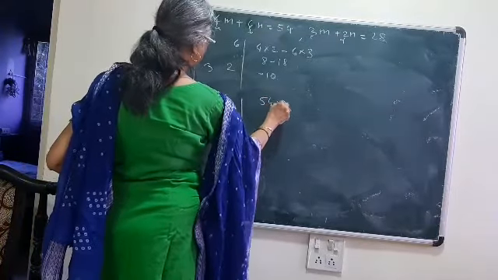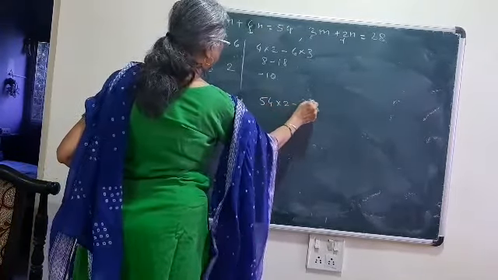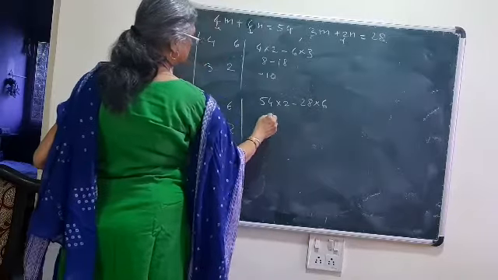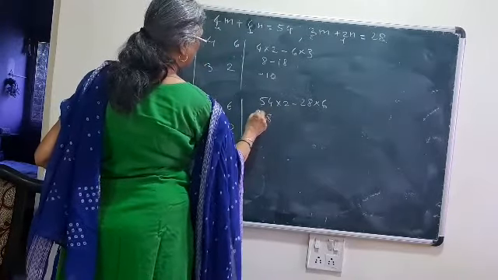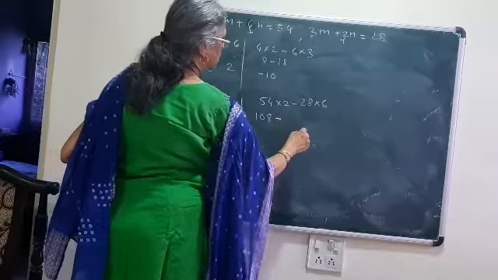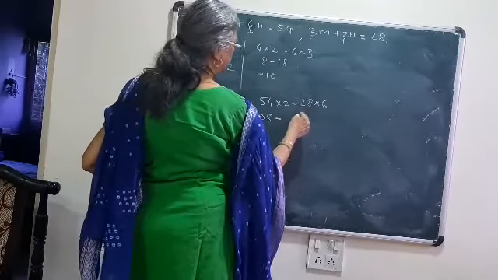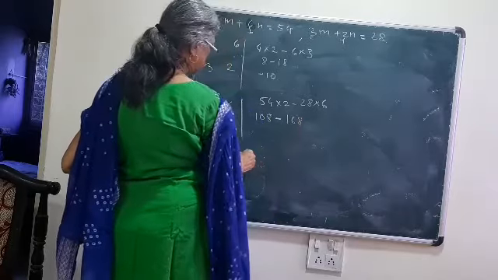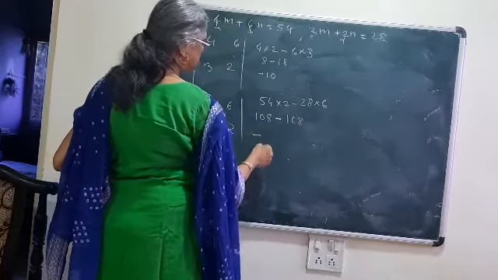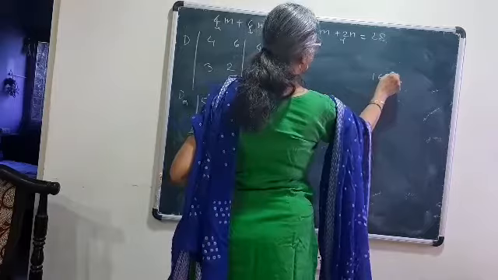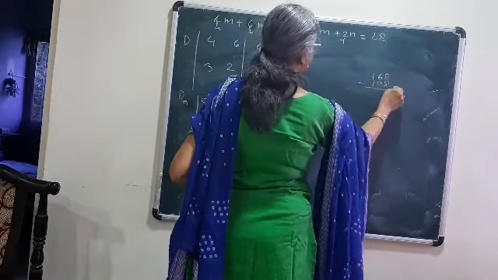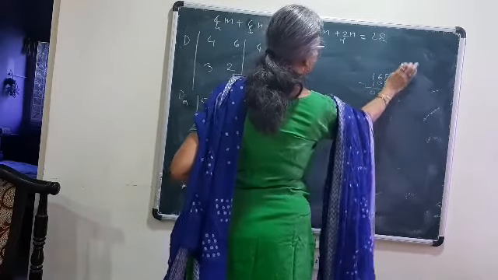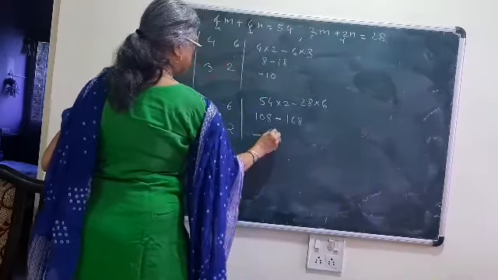So what will be dm? 54 into 2 minus 28 into 6. So 54 2s are 108 minus 28 6s are 168. So it will be minus 168 minus 108... answer is 60, minus 60.